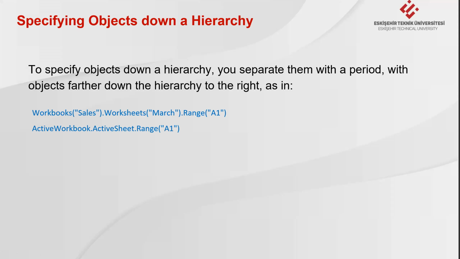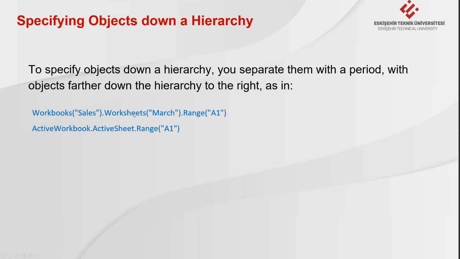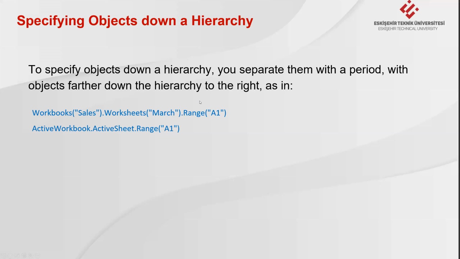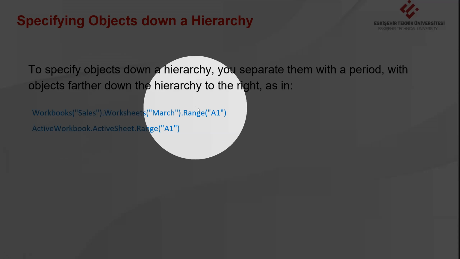For example, in here we say the workbooks, and we use the workbooks sales, and then later in the workbook we have worksheets. We indicate the worksheets March, and then we indicate the range in that worksheet. So the topmost hierarchy is at the left side and the rightmost, downmost hierarchy is at the right side.